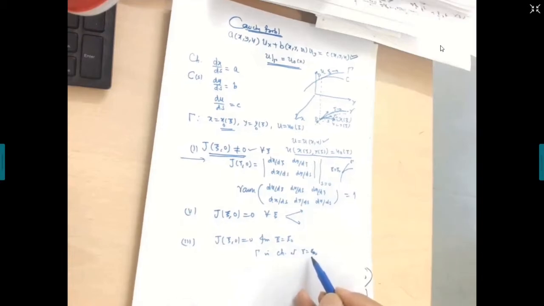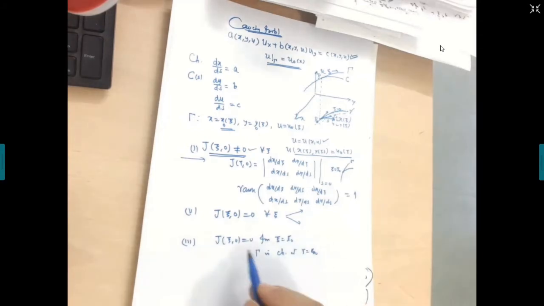Suppose it is tangent, then what happens? If J of xi equals 0 at xi equal to xi naught, and gamma is characteristic at xi naught, then what will happen?